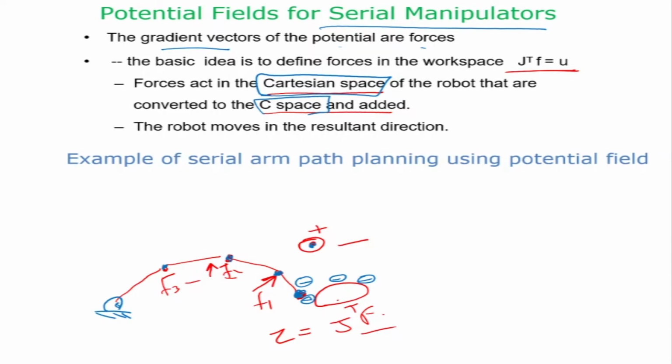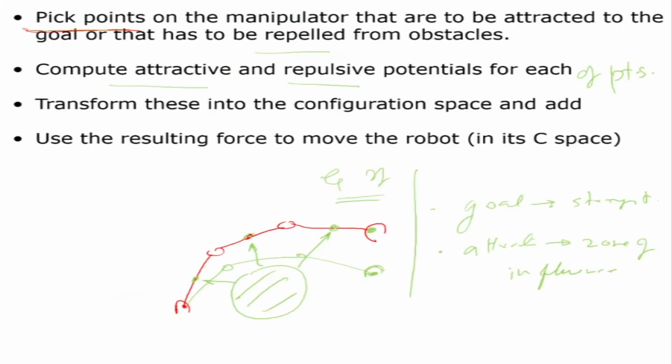It is very important here that we pick points in the manipulator that are attracted to the goal and those that are repelled from the obstacle. For example, in this particular case, suppose my goal is here and my start point is there. The end effector has to go to the goal, so if this is my plus and that's my minus, then this is plus, plus, plus.